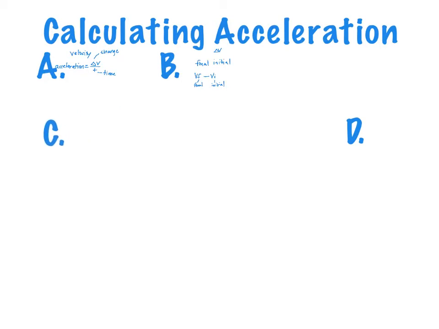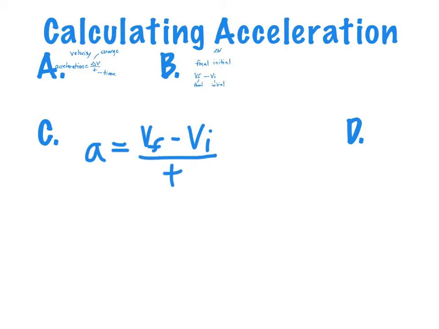Now, letter C, we need to write the relationship between acceleration, velocity, and time. Now this is the actual formula we're going to use. We're going to have a, that stands for acceleration, equals vf minus vi. And we're going to divide that by the time that it takes.